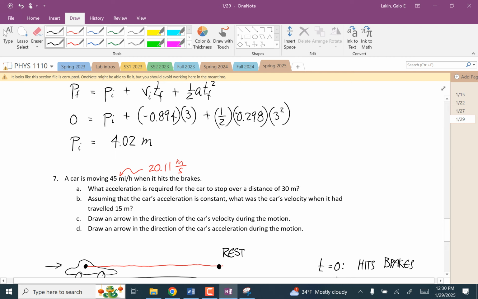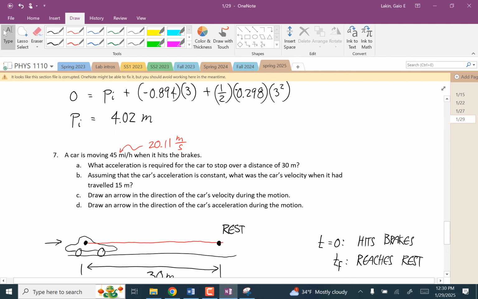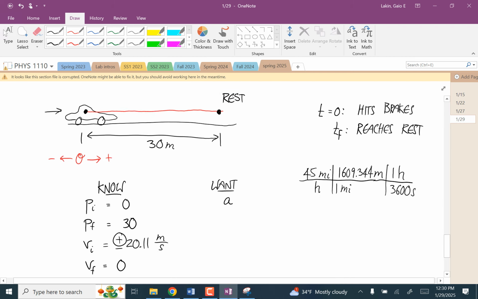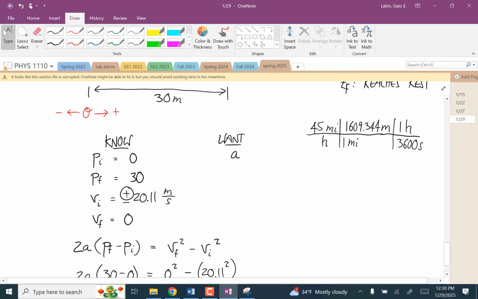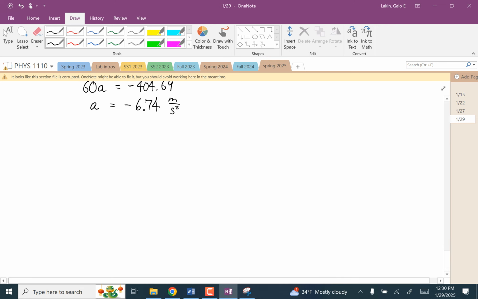So what's the car's velocity now when it had traveled 15 meters? Okay, this is something we haven't seen before. So this was part A. But now for part B, this is the first time where our choices for part A, for time equals 0 and time final, will not let us solve part B. We're going to have to choose at least one new one, okay?